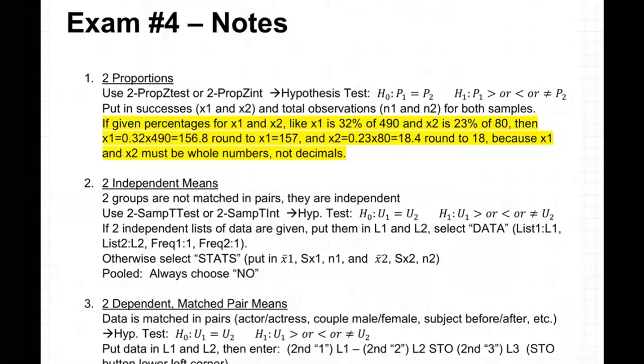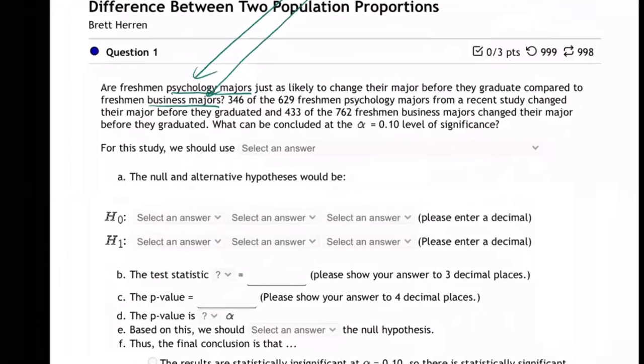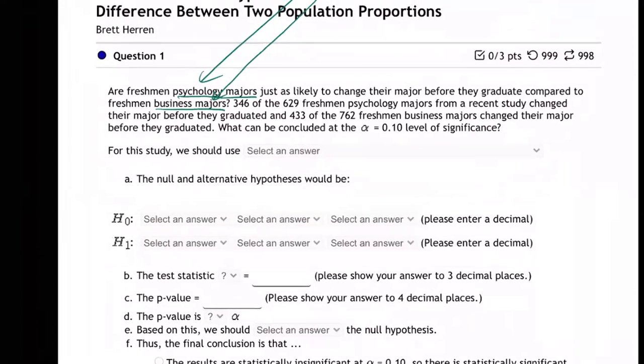Okay, look what it says. So here's the exam 4 notes. It'll help you. Two proportions. That's what we're talking about here. How do we know? Well, there's no means. How about that? It never says mean or average, does it? It never says mean or average.